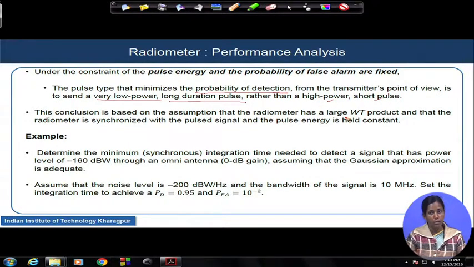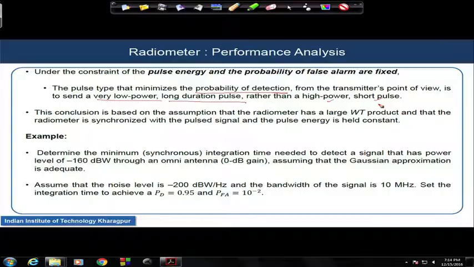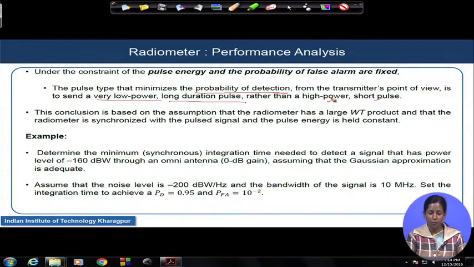So if the communicator is transmitting low power and very long duration pulses, the detection probability for the interceptor detectors will be very high. That's why in spread spectrum communication we prefer to go ahead with short duration pulses. High power we sometimes implement, but we never go ahead with long duration pulses, because the detection probability by the interceptor detectors increases.